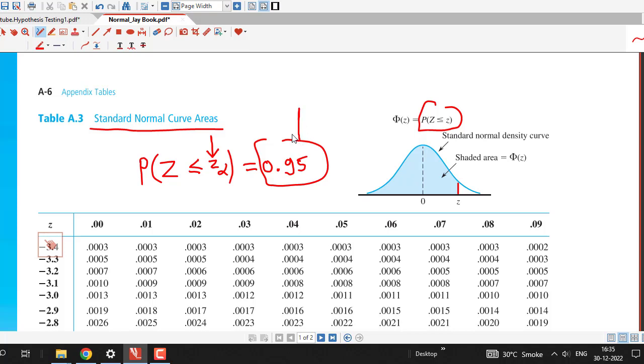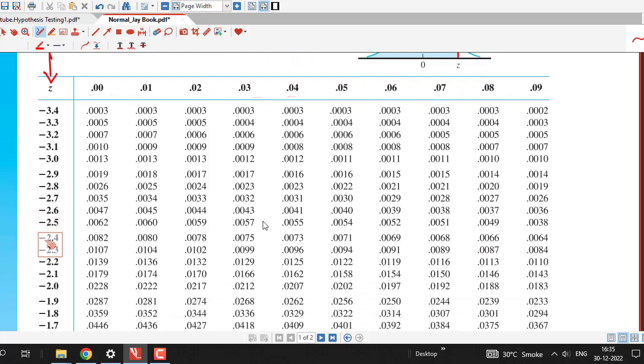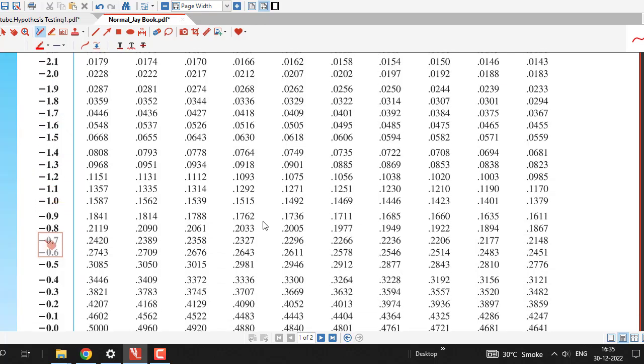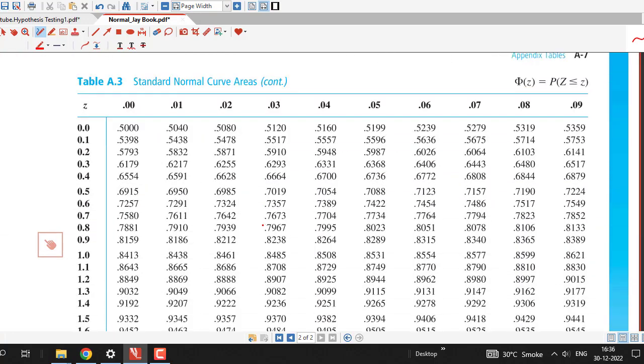So for that we will search for 0.95 area in this table. These are the values of Z, and we have to search for 0.95 in this table, and then from that we will be able to decide the corresponding value of Z alpha.